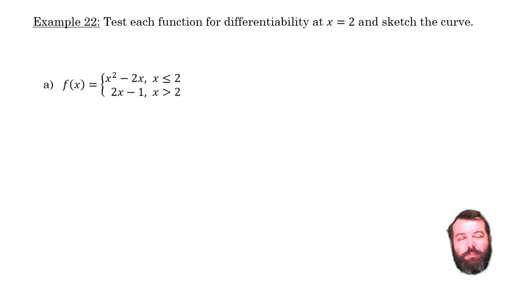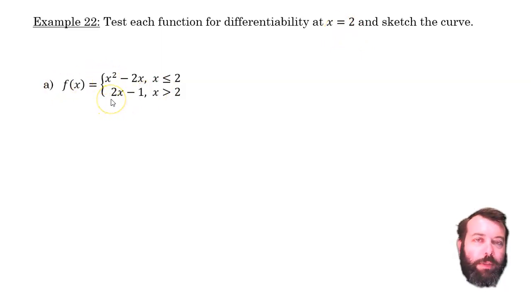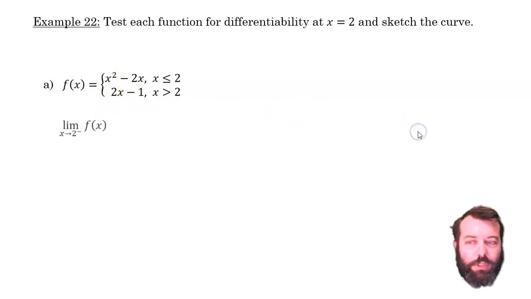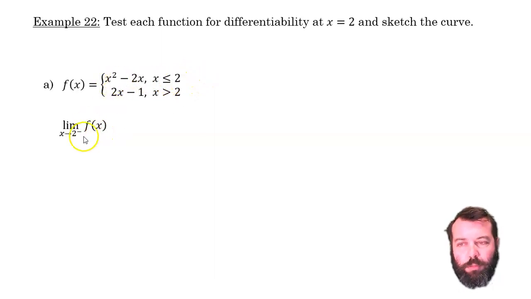So here's an example, and there are a few steps. This will go for a little while. First one, we're looking for differentiability at x equals 2. Here is a piecewise defined function, and to begin with, we're going to look for continuity. So, we look at what happens when I approach x from below. If I'm below or equal to 2, I use the top rule, x squared minus 2x.